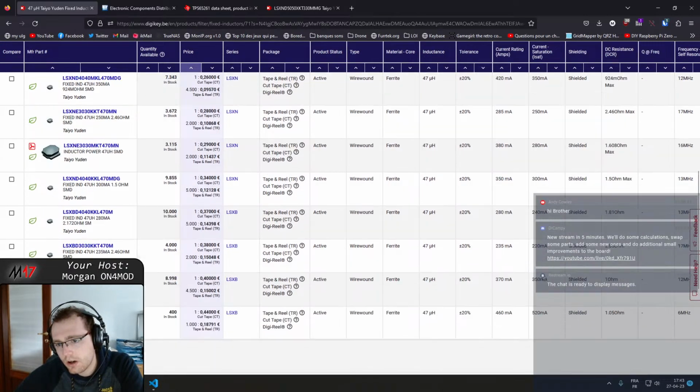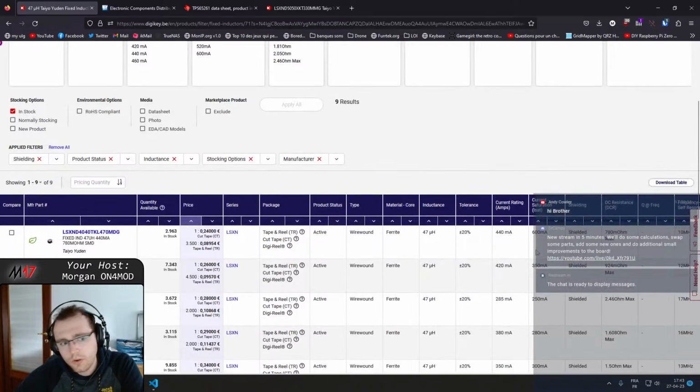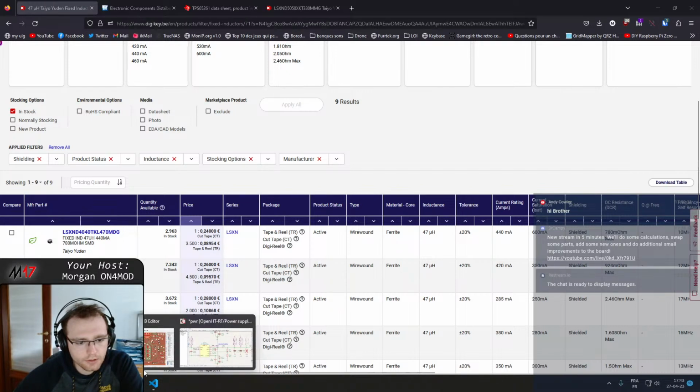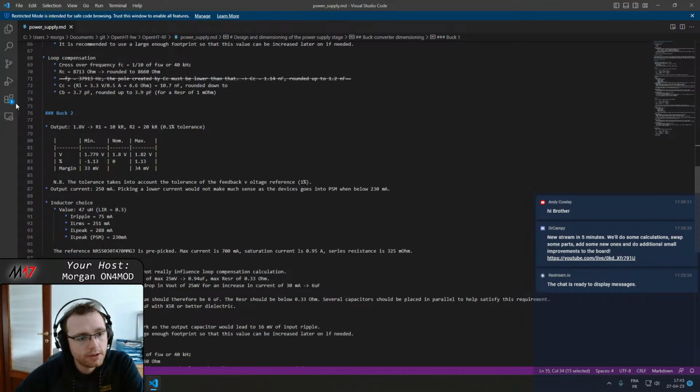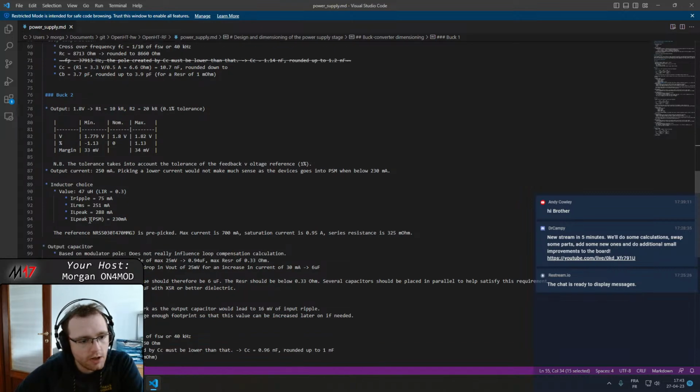And they all are rated for not much less current, but we won't have that much current going through. So if we go at this document, we see that the peak is about 300 milliamps. So we will be good with whatever is a bit higher than that.